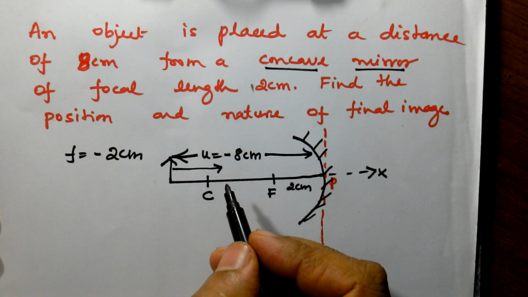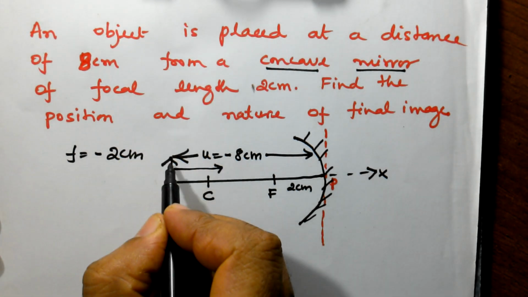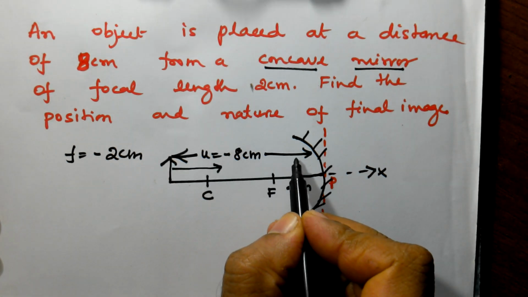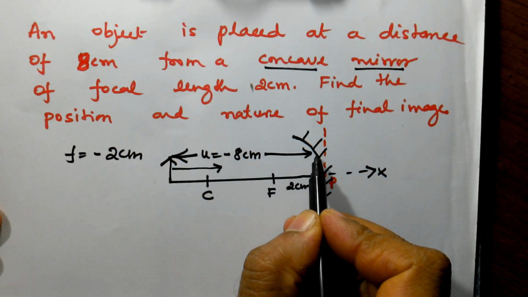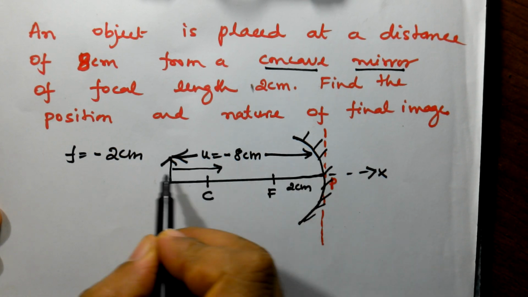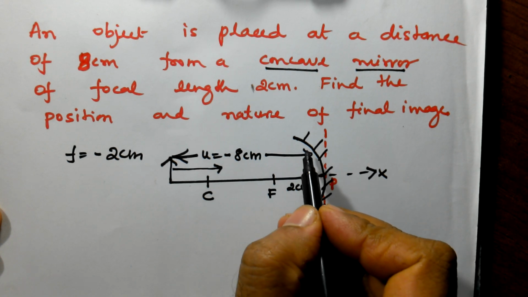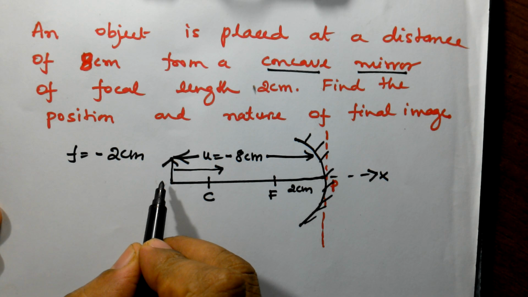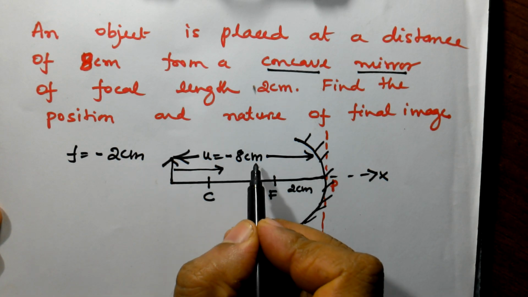Yes, there are rays of light, but they don't reach the mirror. They don't contribute to the formation of the image. Only the rays which move to the mirror and get reflected form the image. So this ray of light is moving to the mirror along the plus x-axis. You have to measure the object distance from the pole opposite to the direction of the ray of light. So it is taken as negative, minus 8 cm.